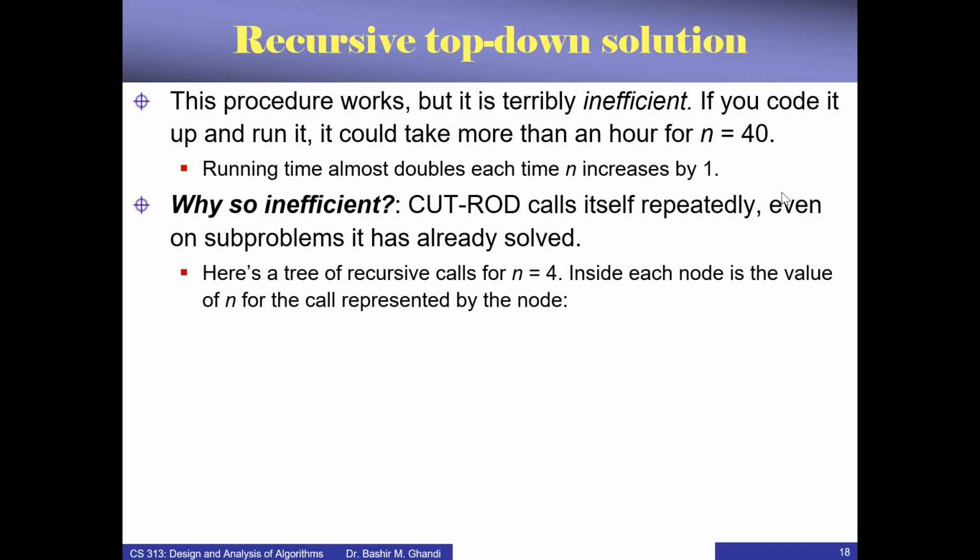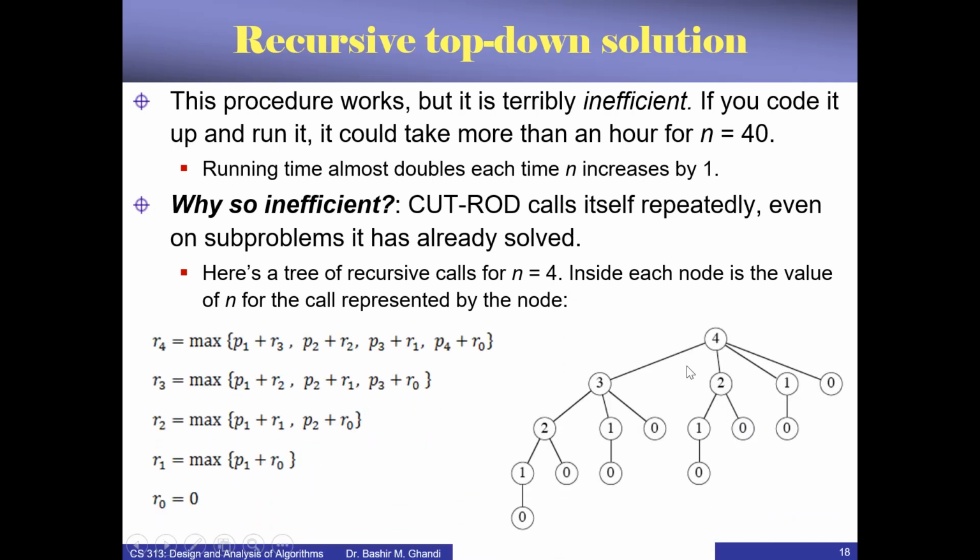Here is a recursive tree showing you the recursive calls involved for n equal to 4, for example. So for n equal to 4, as you can see here, to find R4, you have to compute P1 plus R3, you have to compute P2 plus R2, you have to compute P3 and R1, and P4 and R0, and then take the maximum.